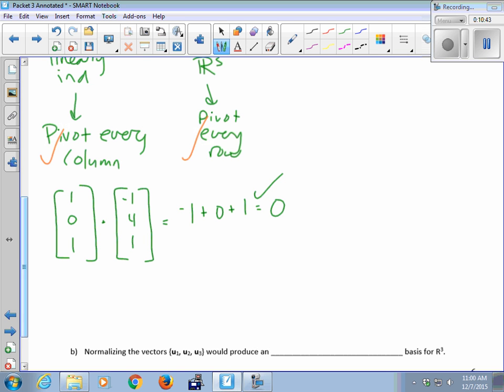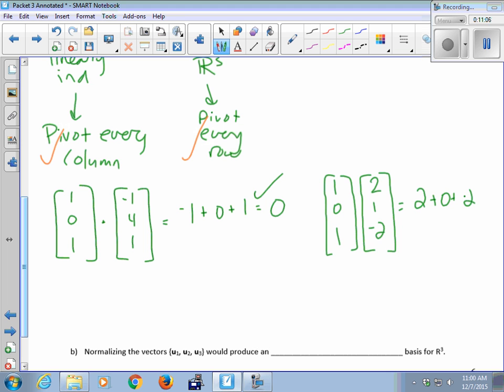You have to do every possible combination of vectors. I wouldn't give you 10 vectors though. So I'm going to dot u1 with u3, (2, 1, -2). I get 2 plus 0 plus -2, which is 0. Check.